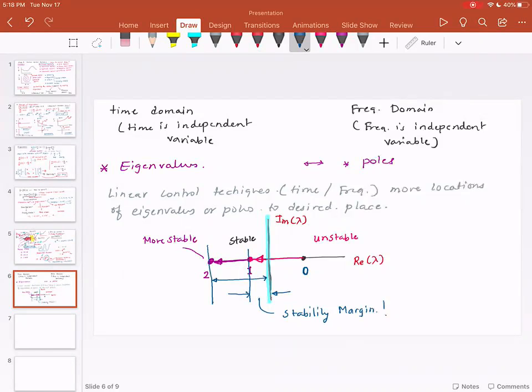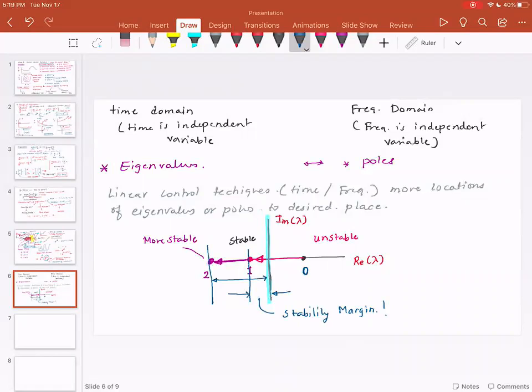And why is this stability margin important? Because sometimes you want your robot to be super stable. In that case, you want to push the eigenvalues towards the very left side of the imaginary axis. So the linear control techniques or the motion control techniques that we are going to study will talk about how the eigenvalues get moved.